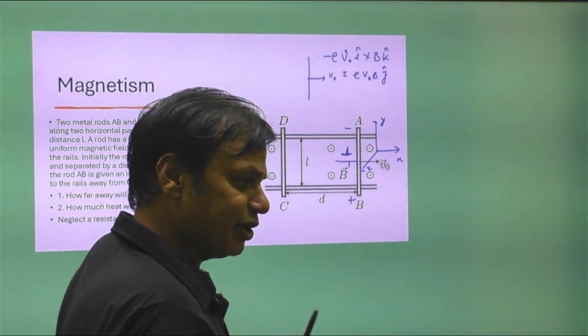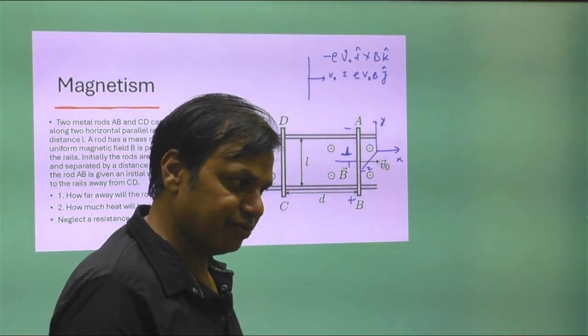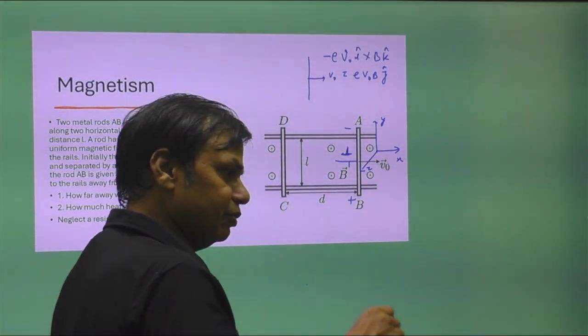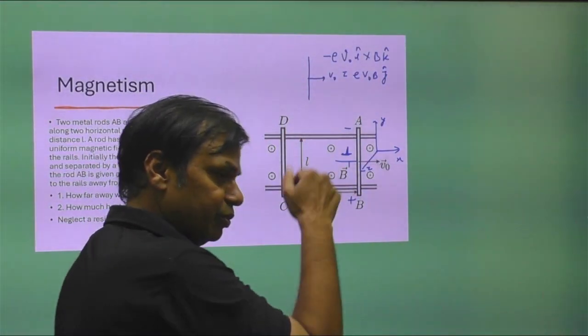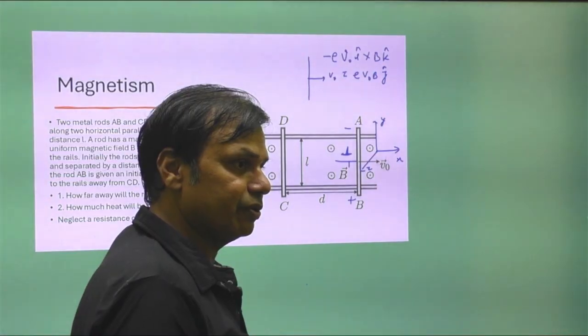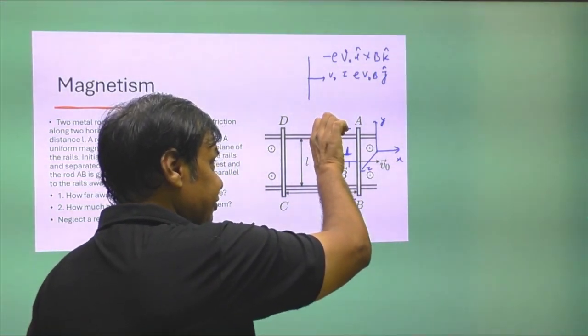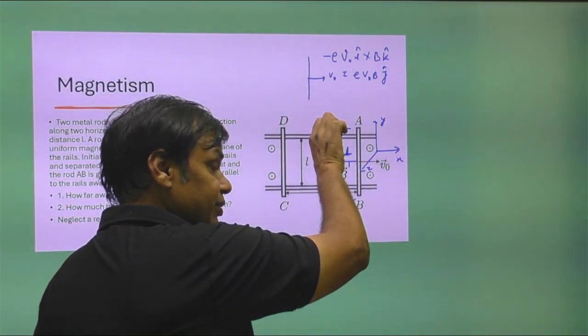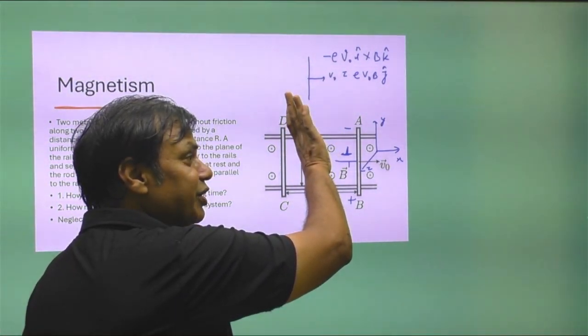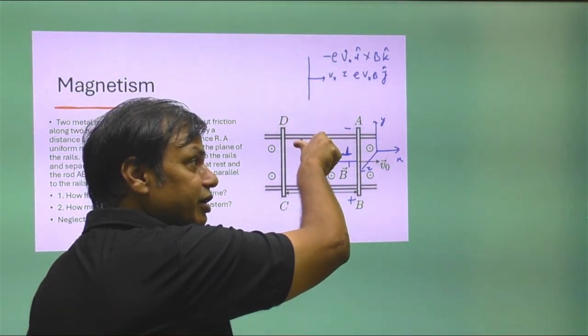And the loop has a tendency to oppose this increase in flux. So it is going to produce a magnetic field in this direction, opposite to the existing magnetic field. So to produce the magnetic field inside this plane, you will need a current in clockwise direction.